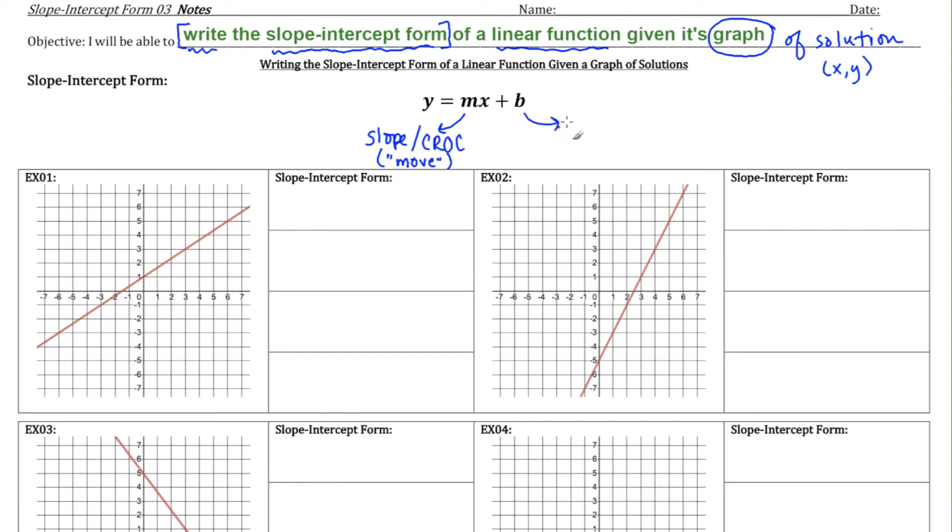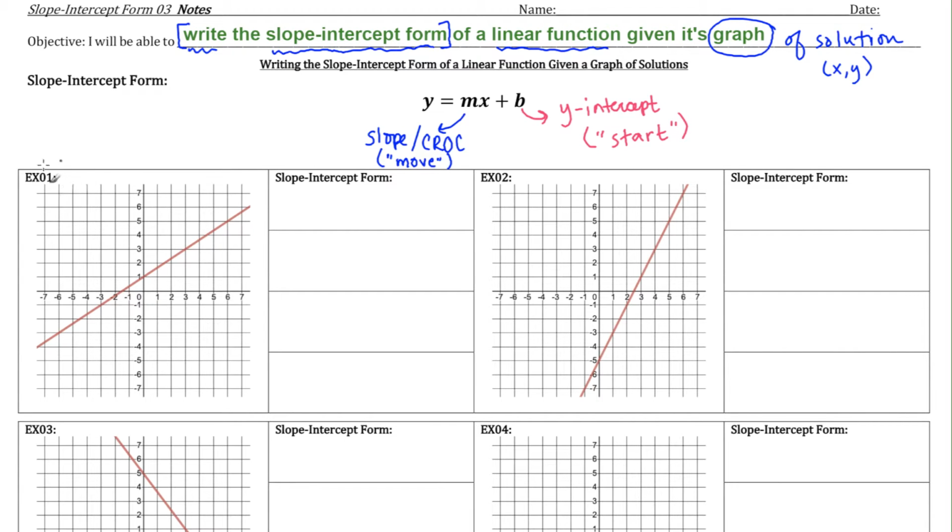And the b will be our y-intercept, and it's useful to think about this as where we start. So we need to know how we move and where we start.